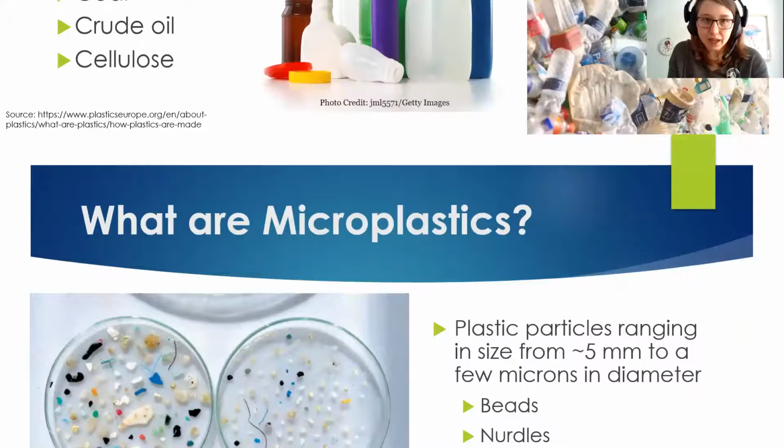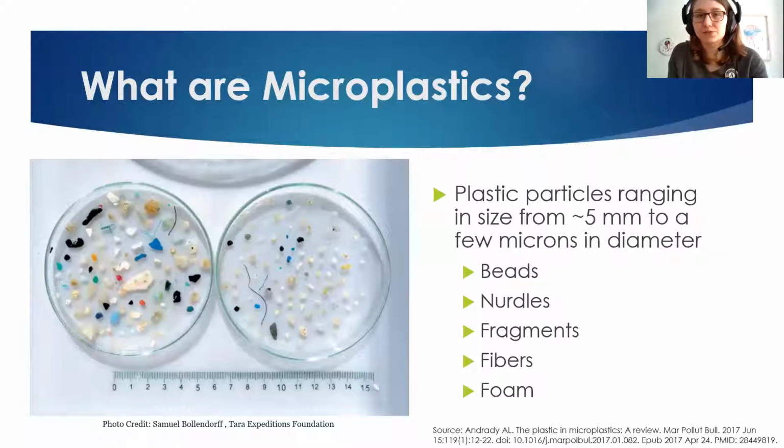And then microplastics. This is really interesting because there are two ways to think about them. Either they're starting materials to build other plastics, or they're the product of some sort of breakdown of plastics. When we think about beads and nurdles, we're thinking about starting materials for other plastic products.